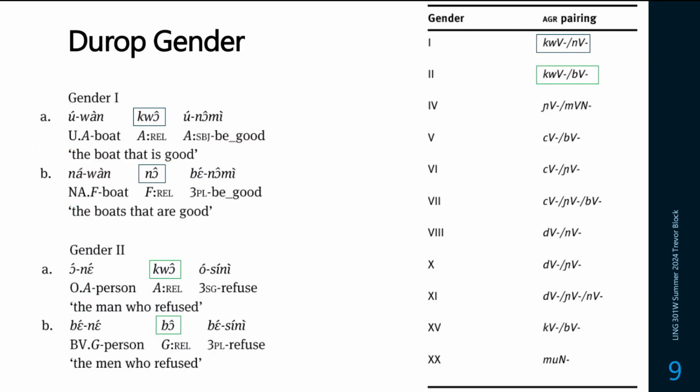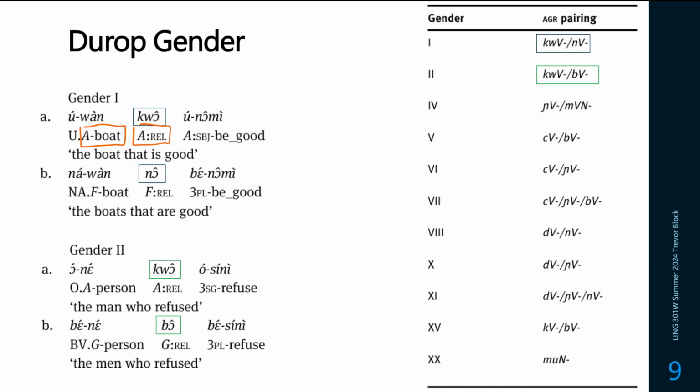So here's an example. I'm going to take a look at 4 different genders. And if we take a look at the agreement pairing, well, let's not look at that first. Let's take a look at the words. So in sentence A for gender 1, we see this thing called a-boat, and then we see a relative. You can think of this pattern as just the A's, the letters expressing some sort of gender.